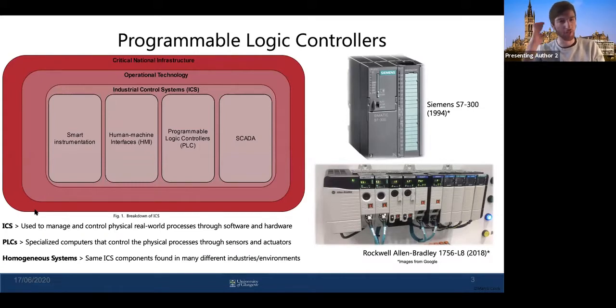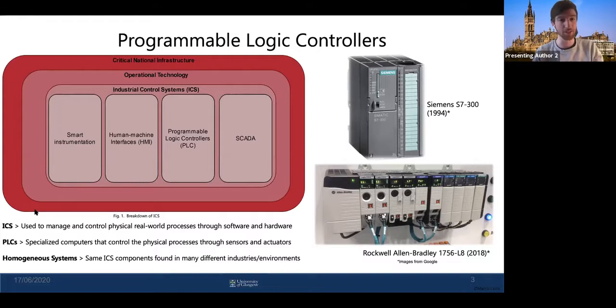And then within that, you'll have IT systems, which are on your corporate side, but also your operational technology. However, your operational technology also consists of IT systems, but there's a part of your operational technology which is just your industrial systems. And these are the systems that are used to control the real world physical processes to drive the operations that the business requires.